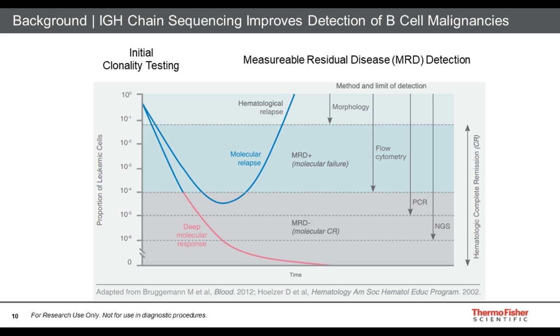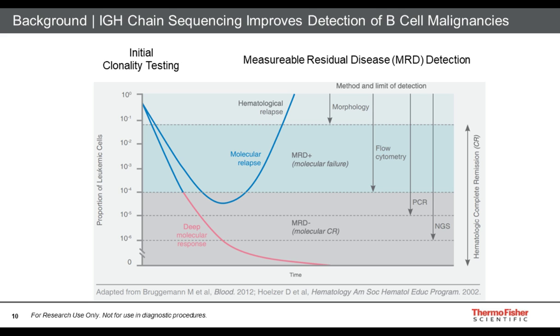So this initial clonality testing through a diagnostic sample or pre-treatment sample is an essential part of the subsequent minimal residual disease analysis by immune repertoire sequencing. And this distinguishes immune repertoire sequencing-based minimal residual disease detection from traditional approaches like flow cytometry.